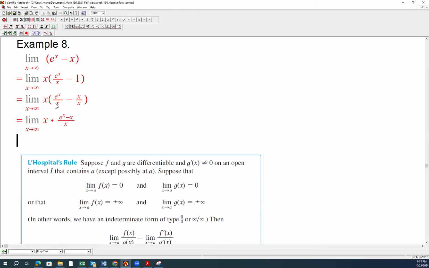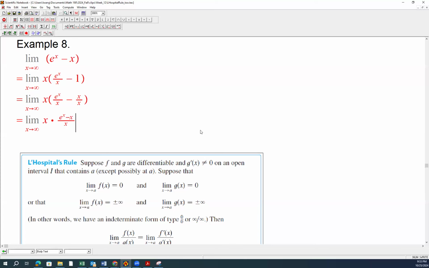But what would be the limit of this piece? Right? Now we have x approaching infinity, x is certainly approaching infinity, but how about this piece?